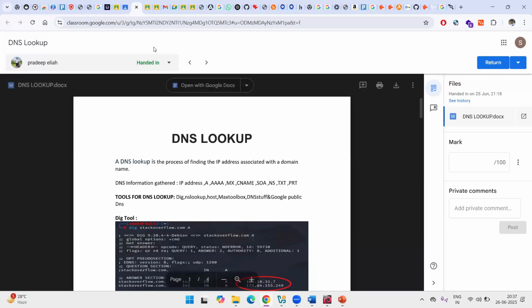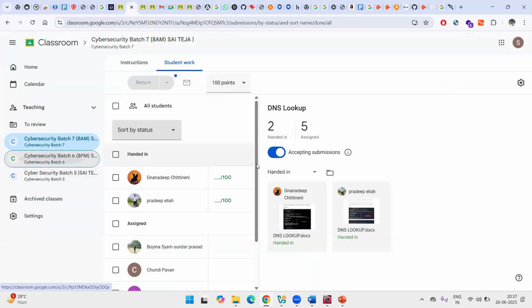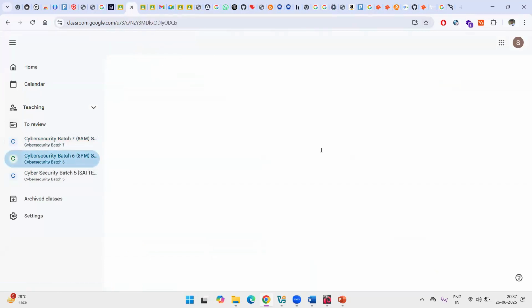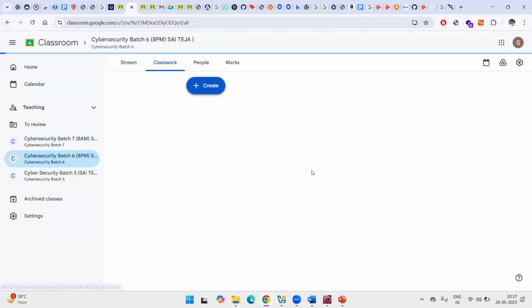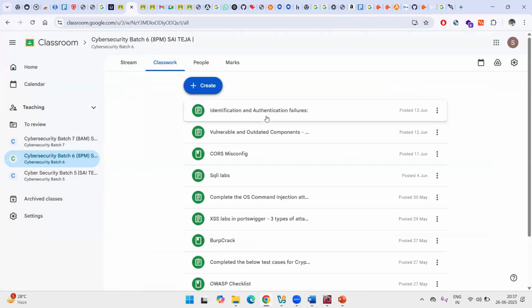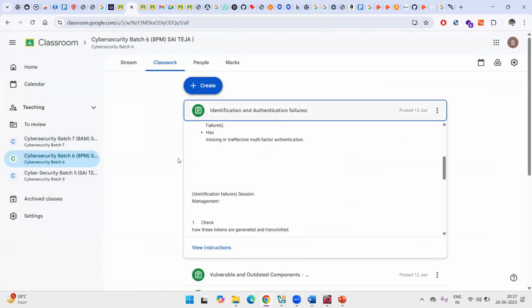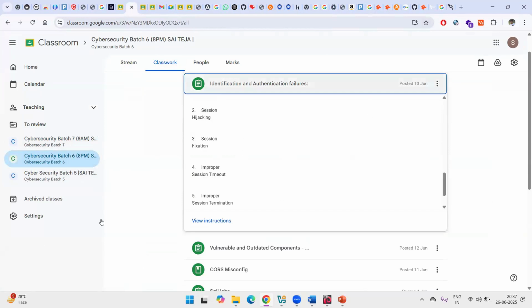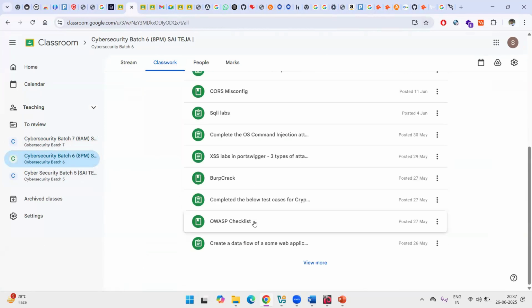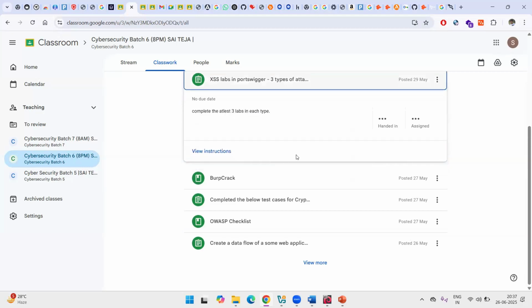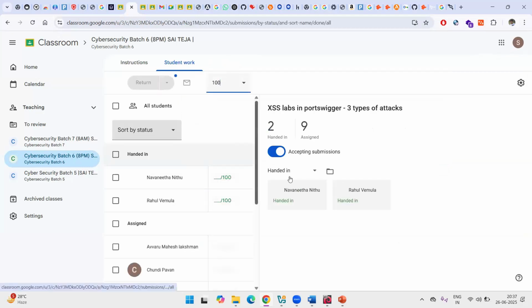So every batch we have these labs, and these are recent classes. This is a kind of labs that we are going to create over here, and they'll be submitting it.